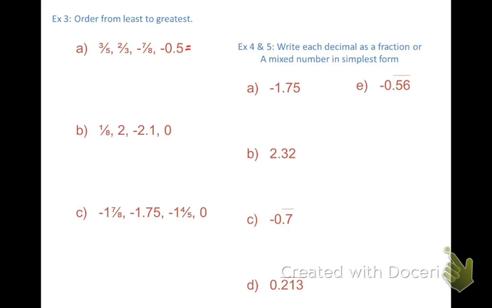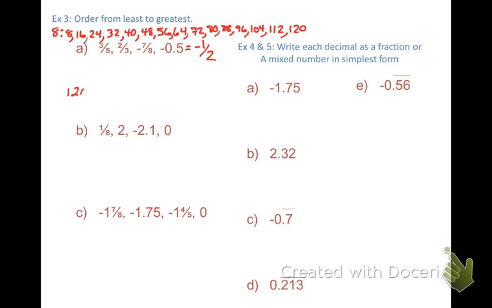So I'm going to turn 0.5 into -1/2. Now I'm going to find a common denominator for all of these. I went through all the 8s, and 120 is the least common multiple of 5, 3, 8, and 2. So I'm going to put 120 for each.